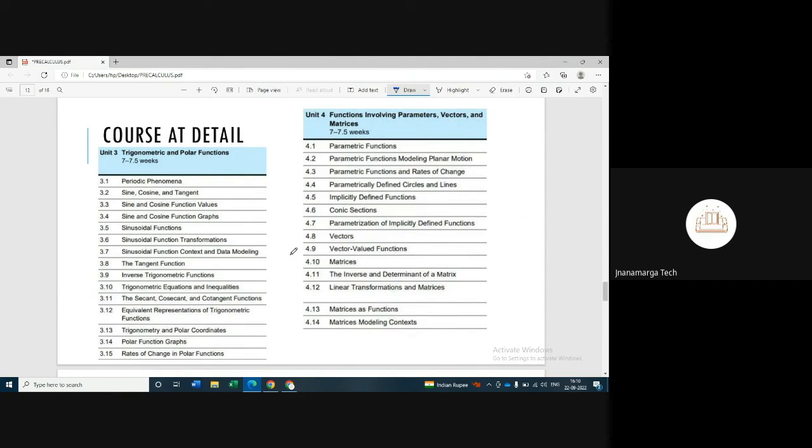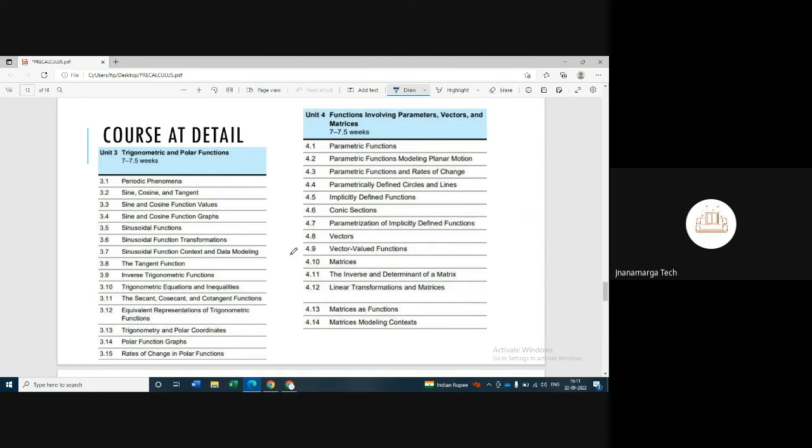We need to know trigonometry in a very detailed manner in order to solve the calculus part. The first thing that we are going to learn about in trigonometry is periodic phenomena, that is, the periodic relationship. A periodic relationship can be identified between two aspects.